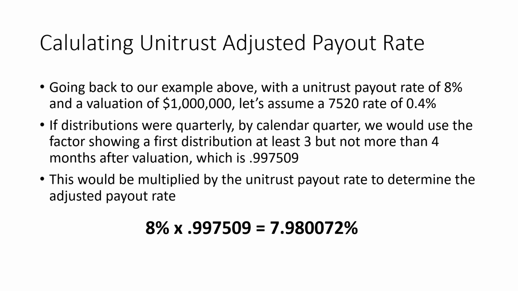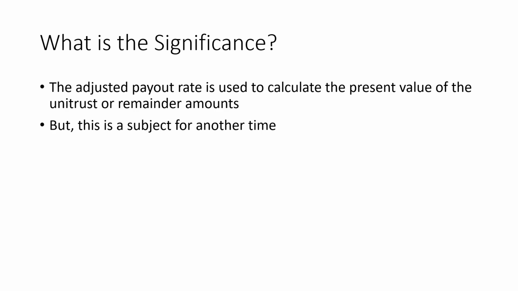We'll talk about that later, but for the time being, as you see by our formula below, we use the 8% payout from the trust times the adjustment factor for quarterly payments, which is 0.997509, and that gives us an adjusted Unitrust payout rate of 7.98% and change. So once again, what's the significance of the Unitrust factor? It's going to be used to calculate the present value of the Unitrust or remainder amounts. But it's a complicated calculation. That'll be a subject for another time.